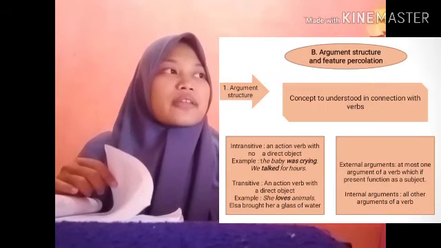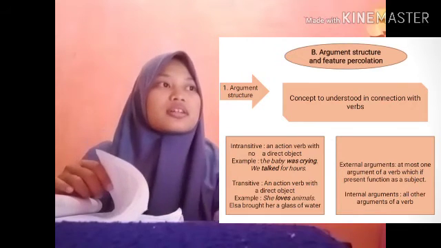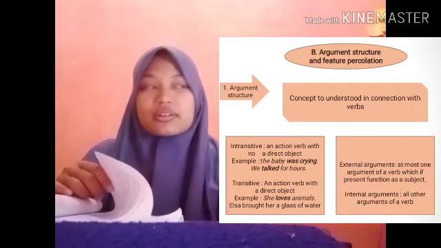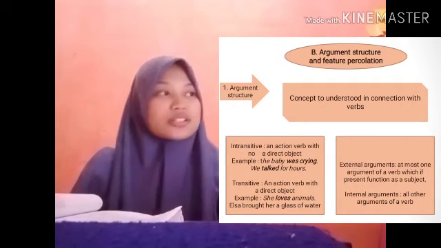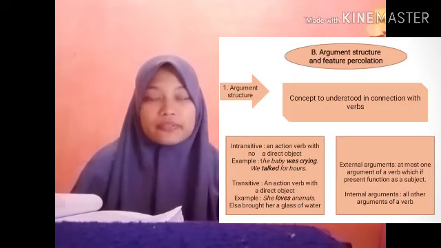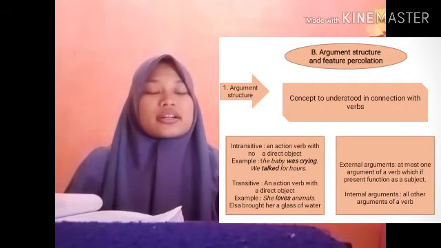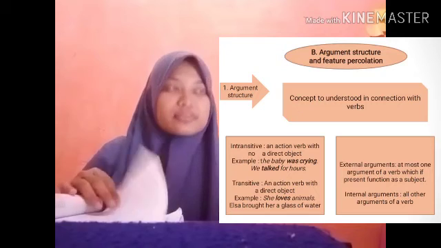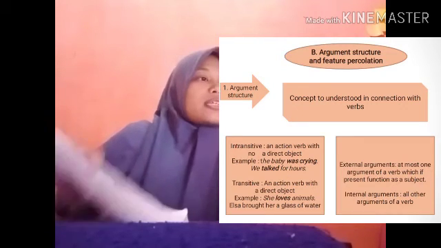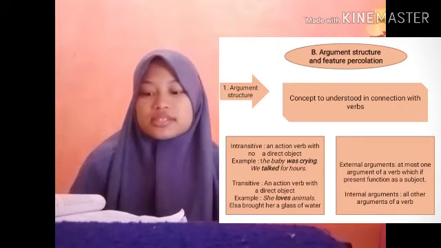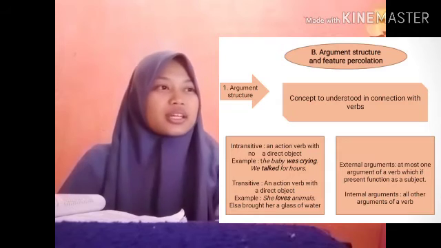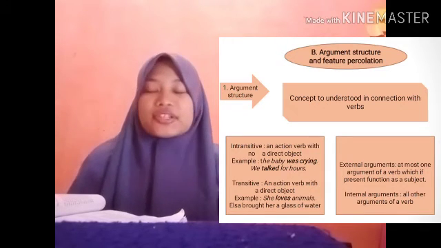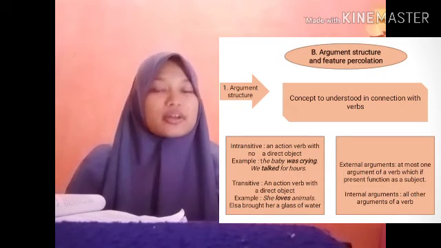Argument structure and feature percolation. Argument structure is a concept to be understood in connection with verbs. In argument structure, there are intransitive and transitive verbs. An intransitive verb is an action verb with no direct object.